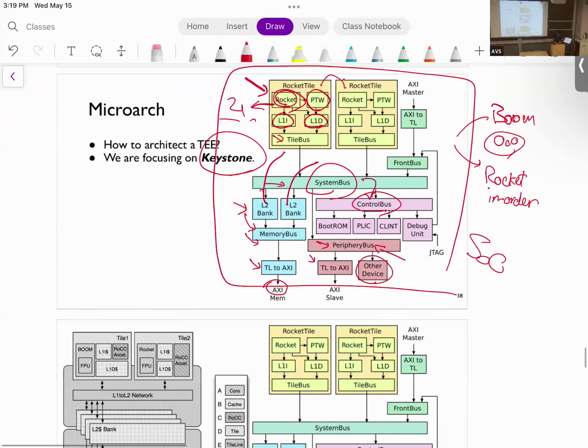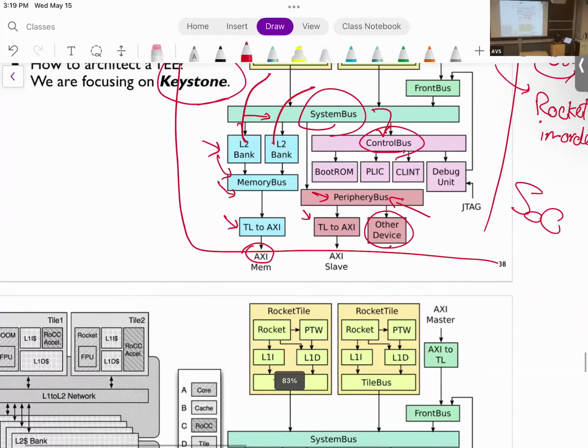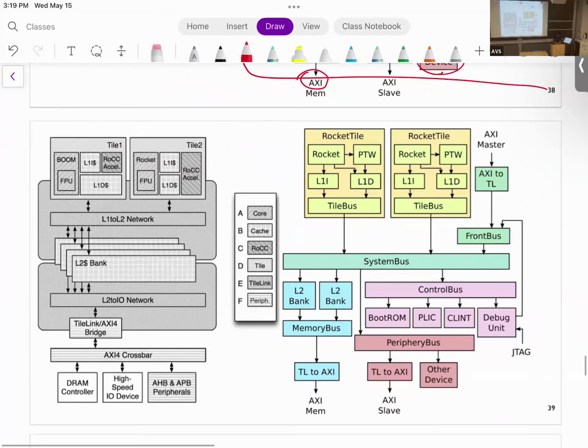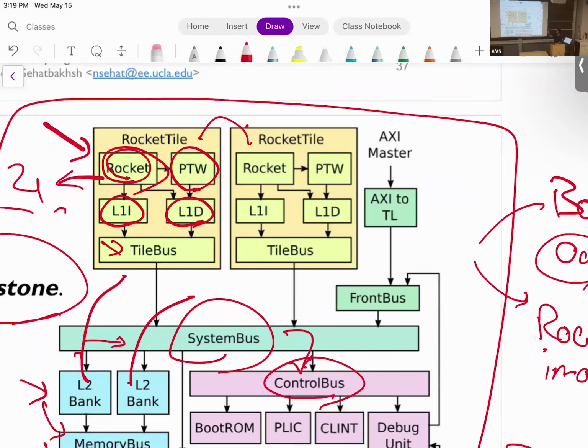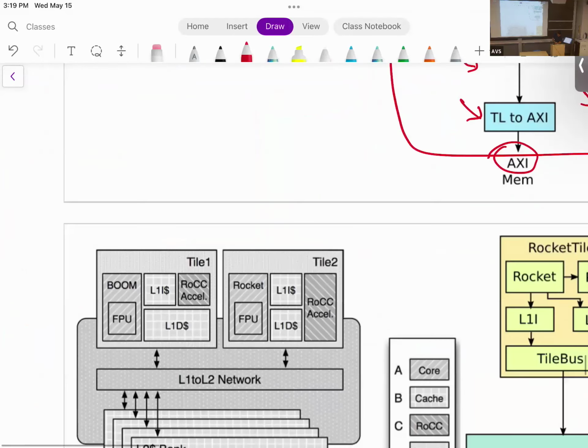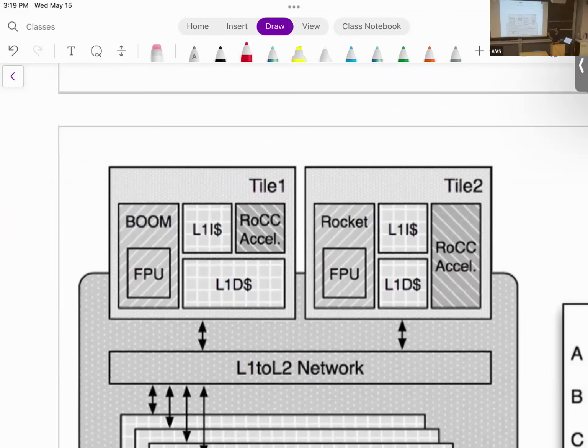Okay, so now if you look at where your trusted execution environment might sit, typically we put our trusted execution environment within the tiles. So this is another example, this one with what we call the ROCC accelerator.